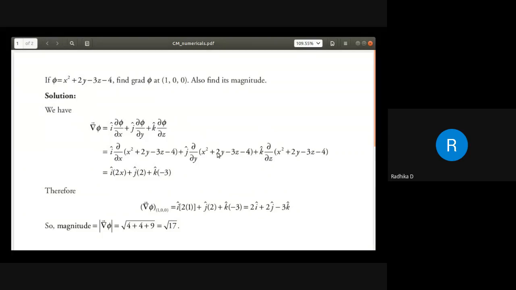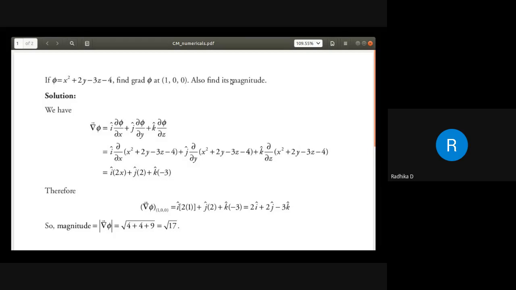You are just doing normal differentiation. Then k into dou by dou z: with respect to z, the only term is minus 3z, which gives minus 3. So what is your result? Gradient becomes i into 2x plus j into 2 plus k into minus 3.